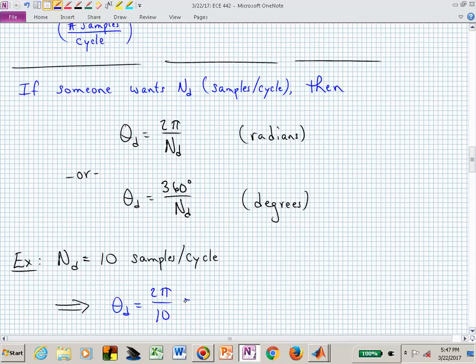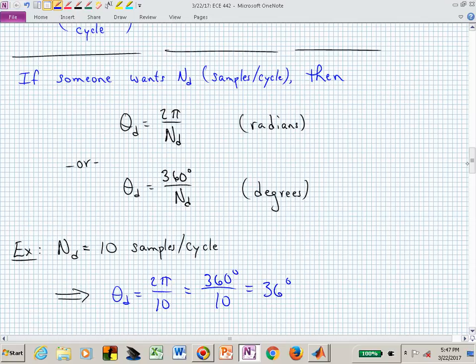Or in terms of degrees, that corresponds to 36 degrees. And that now tells us where this angle would be relative to our dominant poles in the, let's say, desired transfer function that we're trying to achieve or obtain.